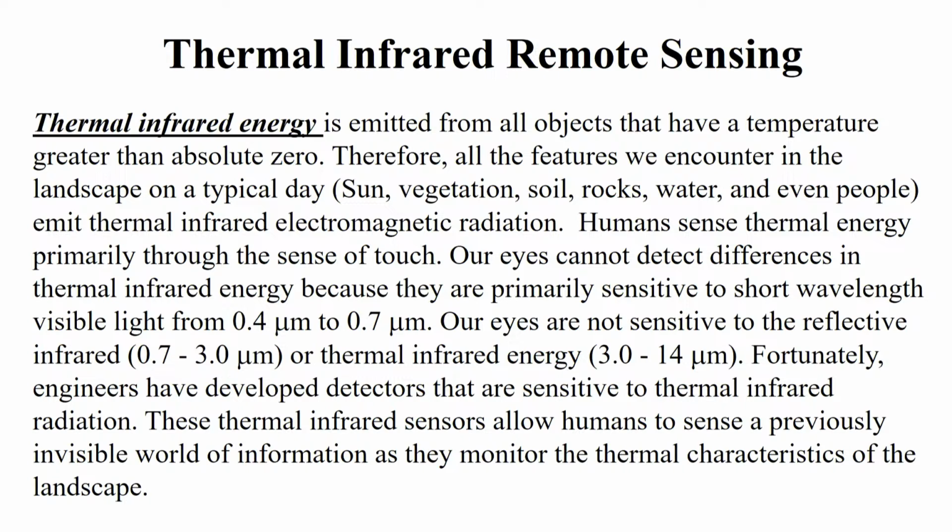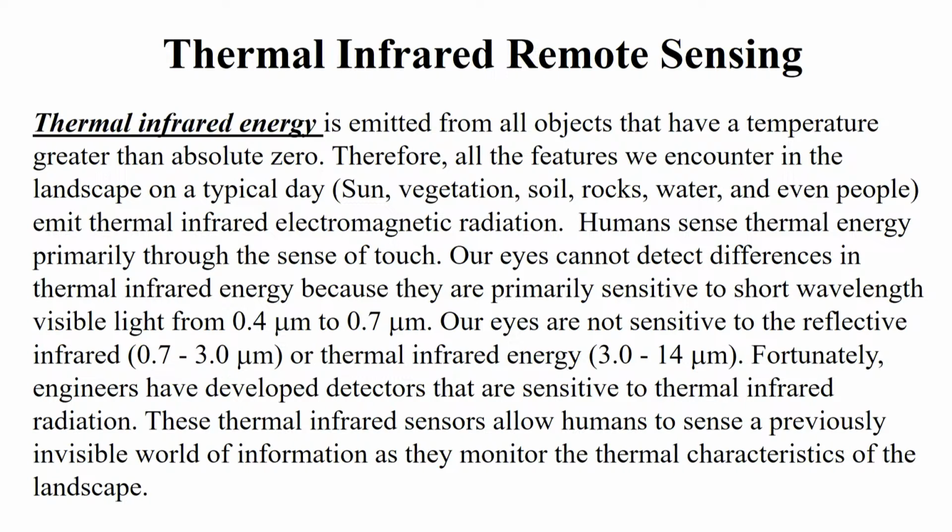Similarly, in thermal remote sensing, there is an entirely different property of the electromagnetic wave. Here we will be talking about the emitted energy. So in optical multispectral it is reflected, in microwave it is scattered or backscattered, and in thermal remote sensing it is emitted energy.